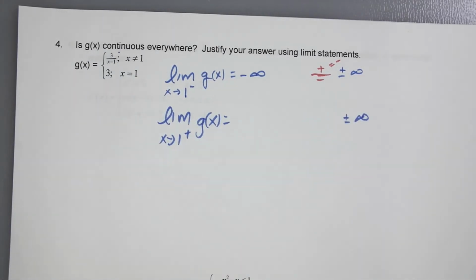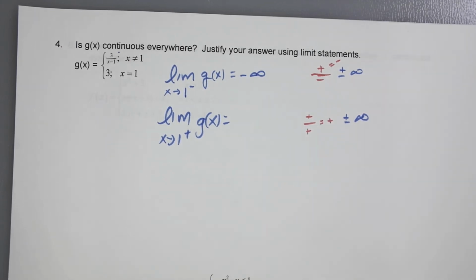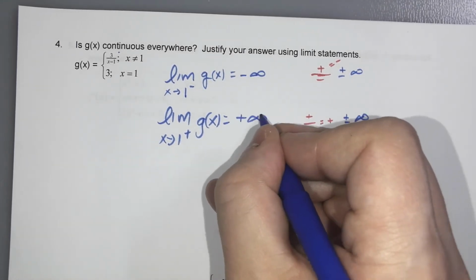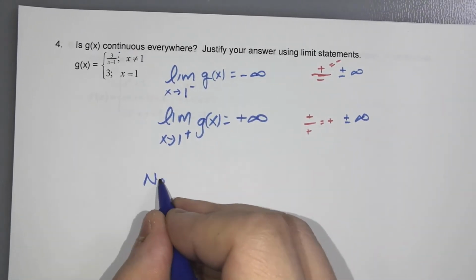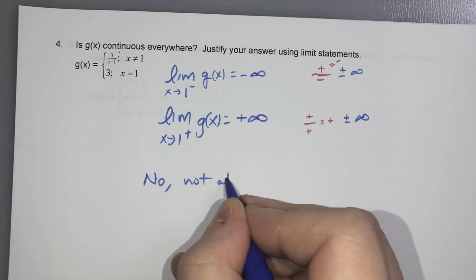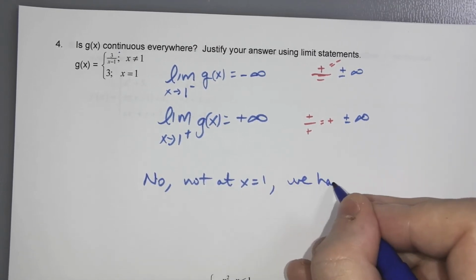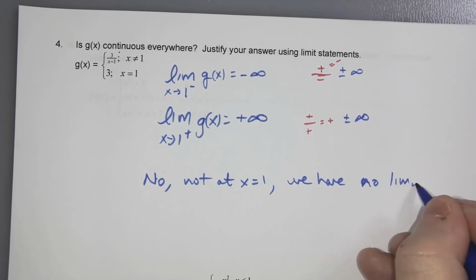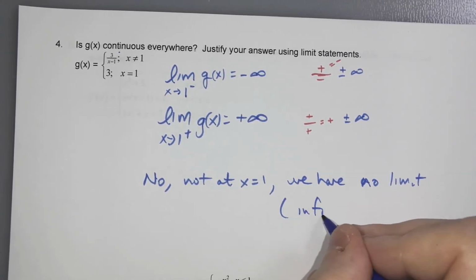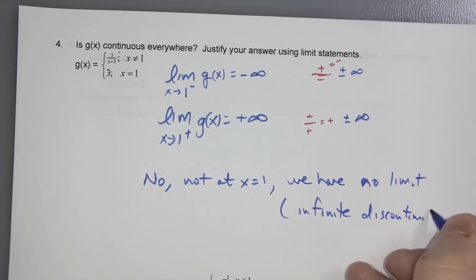But this time we would be getting a plus over a plus, so we're going to be positive infinity. So our limit doesn't exist. So no, not at x equals 1. We have no limit. It's an infinite discontinuity. It's a discontinuity, and we can tell what type it is because we are going towards infinity.